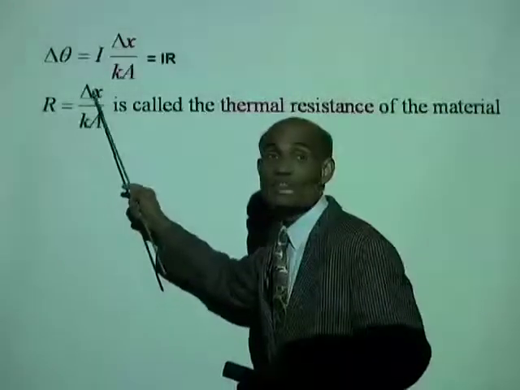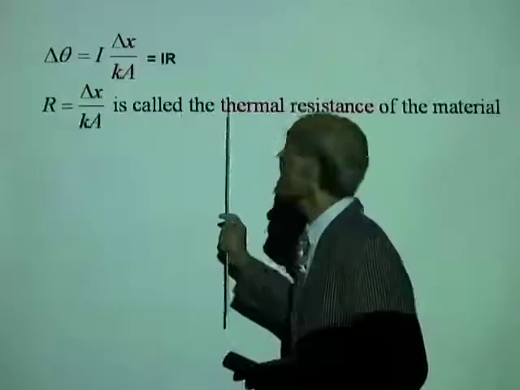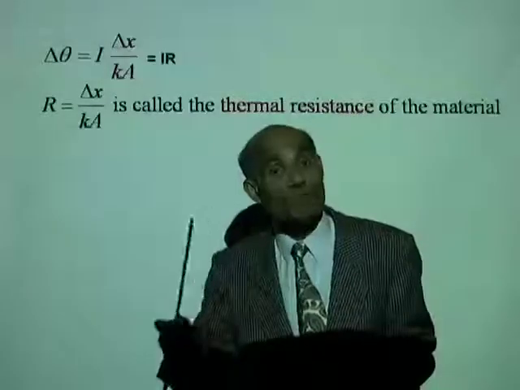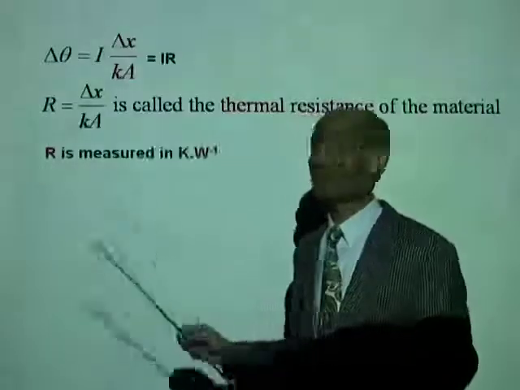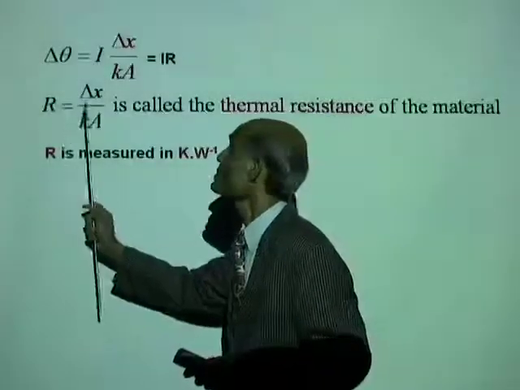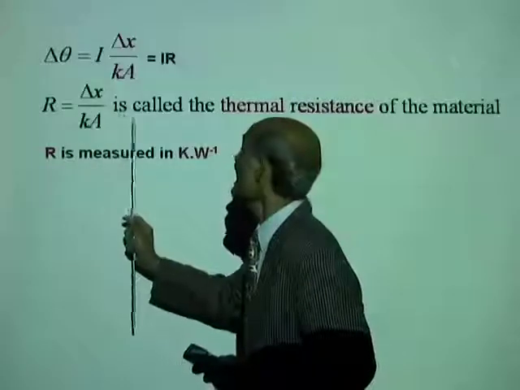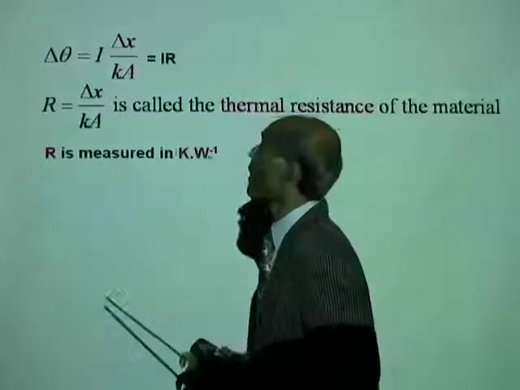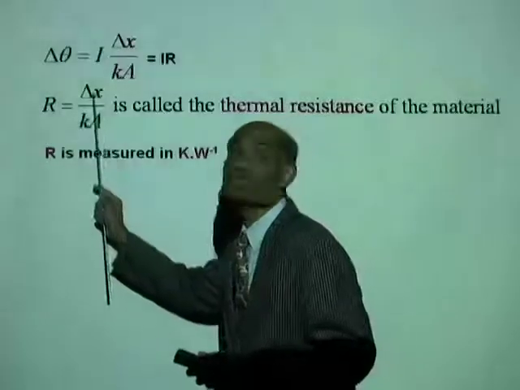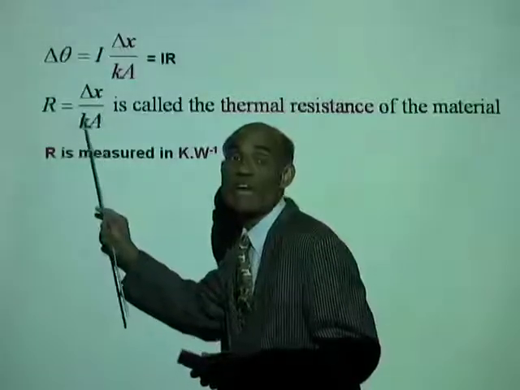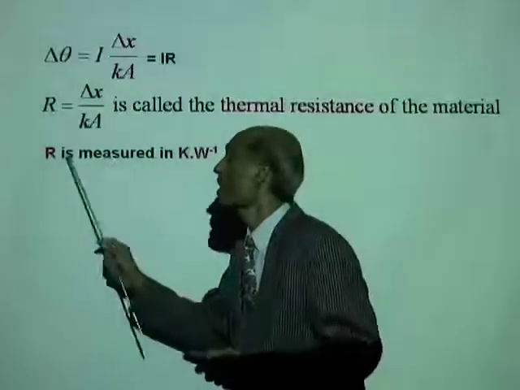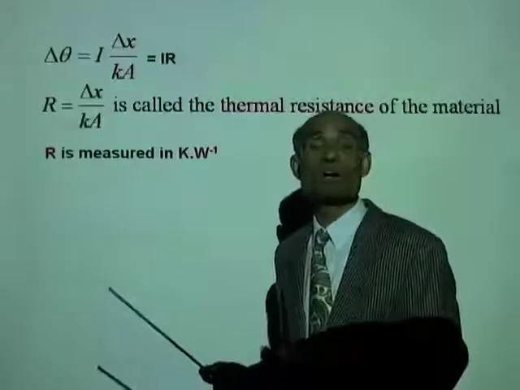R equals delta X divided by K a is called the thermal resistance of the material. And what is the unit for measuring R? R is measured in Kelvin per watt. I want you to use the units of delta X, A and K and see how you get the unit of R as Kelvin per watt.